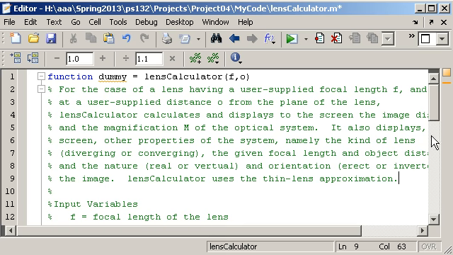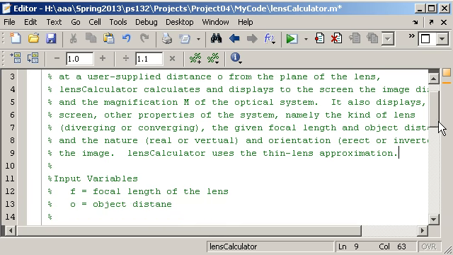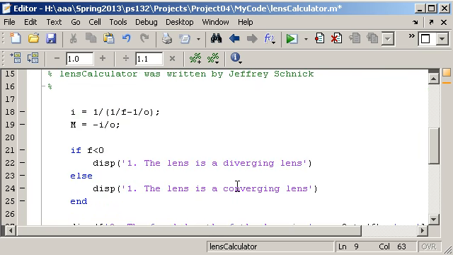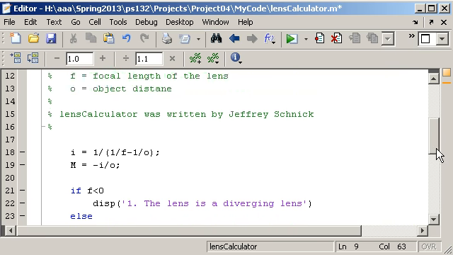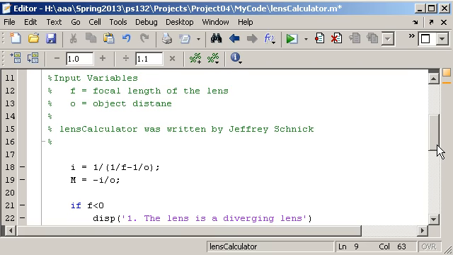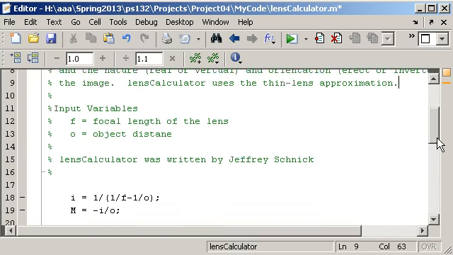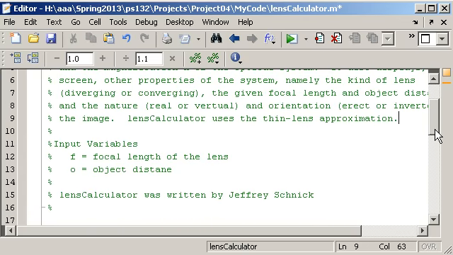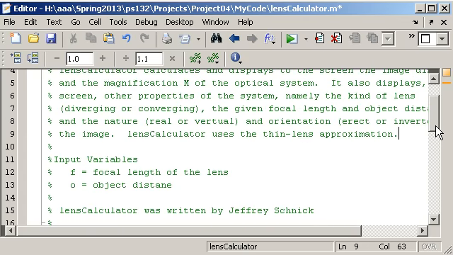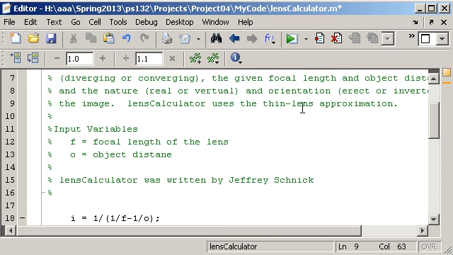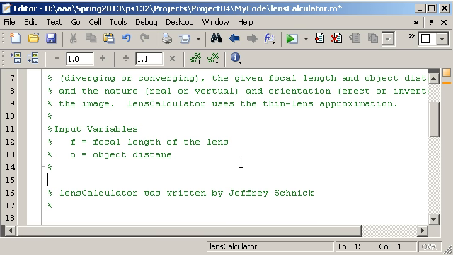So the thin lens approximation is the one for which the formula reads 1 over f is equal to 1 over I plus 1 over O. That's what that equation is valid for, the thin lens approximation. So I should include that. Thin lens approximation. Output variables.